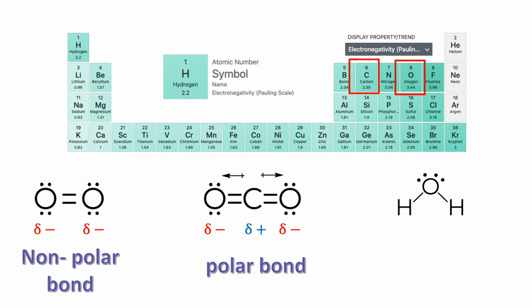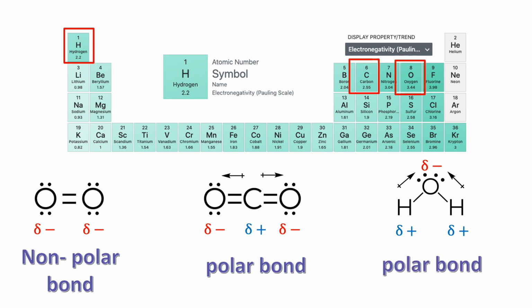Water has oxygen and hydrogen atoms bonded together, and this causes an electronegativity difference. Since oxygen is more electronegative than hydrogen, oxygen pulls the electron density stronger towards itself, making the electron density unequally distributed. So, the water molecule has a polar bond.